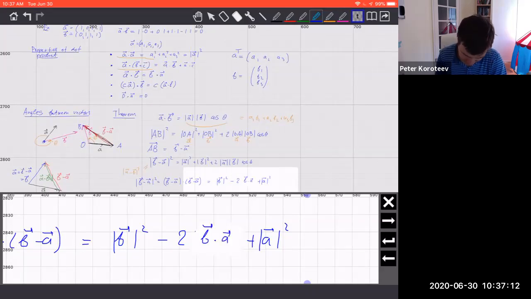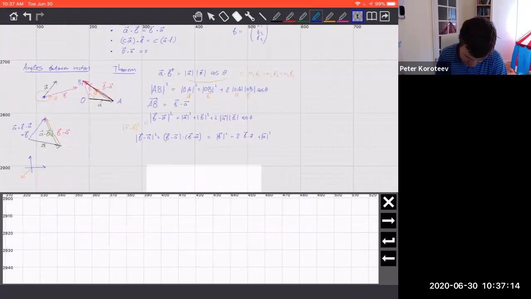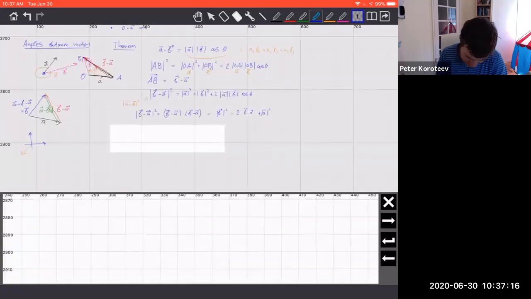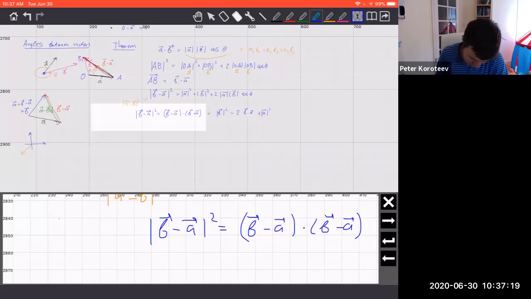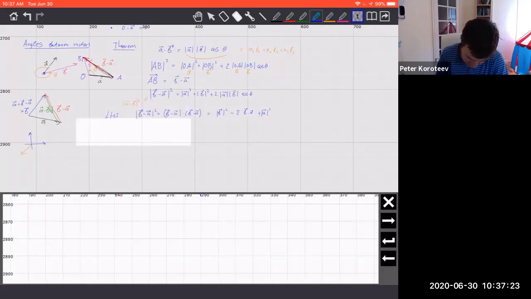Okay. That's the left-hand side of the equation, right? And then the right-hand side is whatever it is there. So let's write it down.